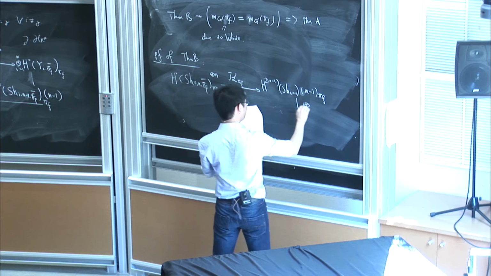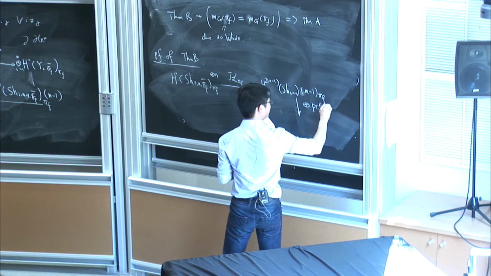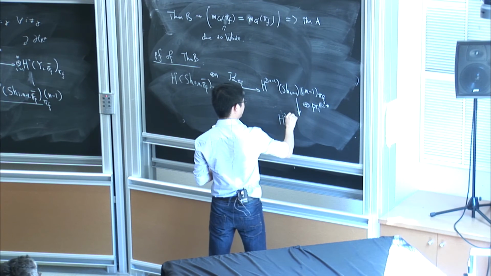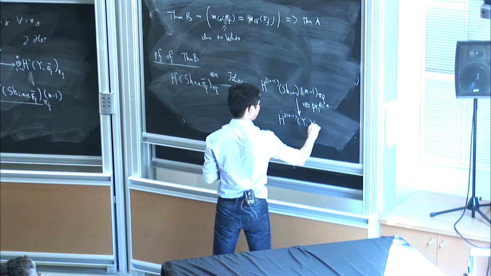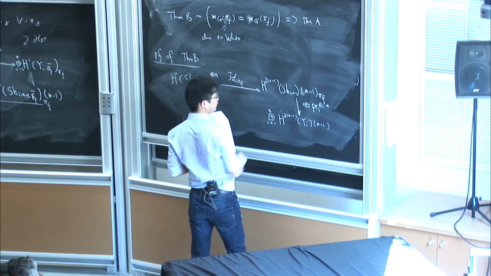So here you first pull back using the first projection, so you get, for i equals 1 to n.